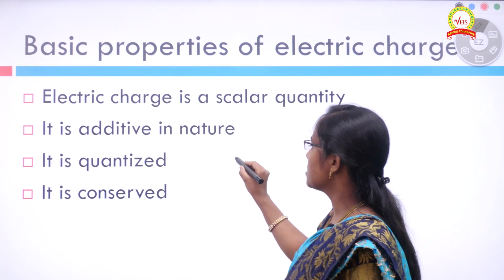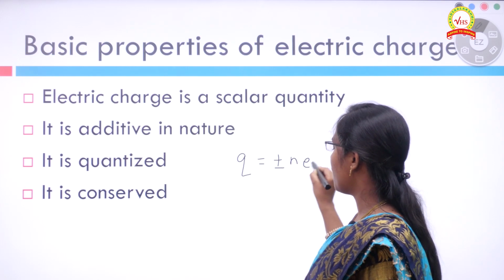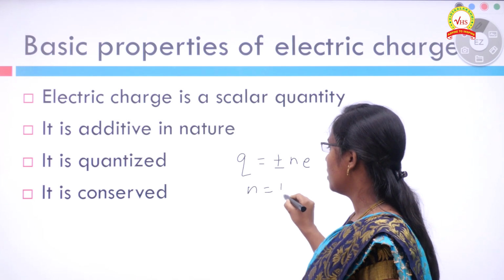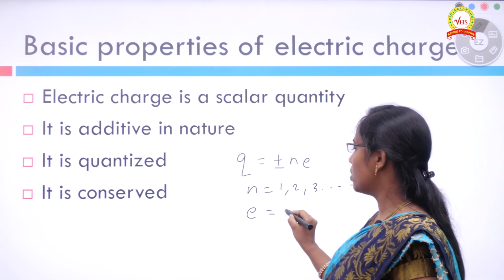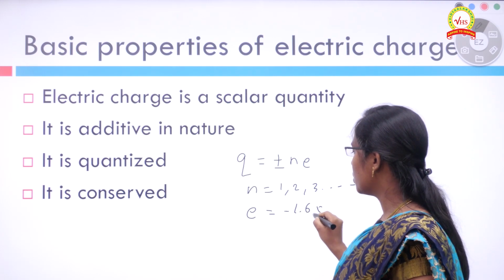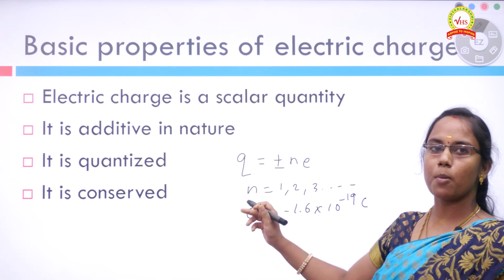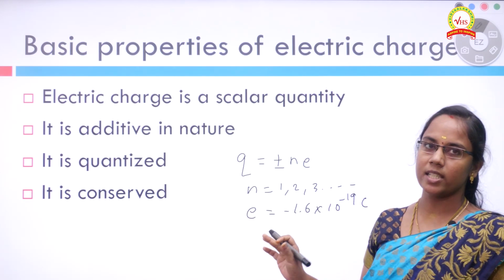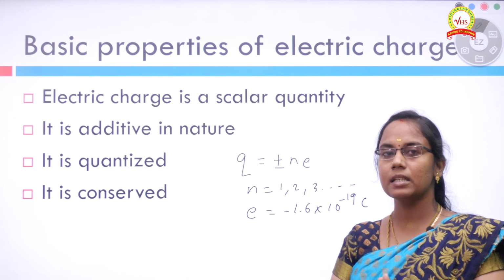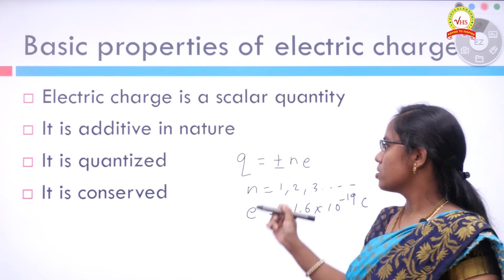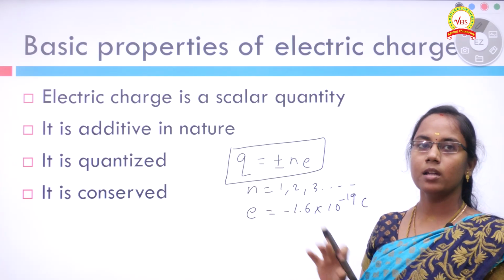It can be written as Q equals plus or minus Ne, where N is the number, which can be 1, 2, 3, anything, and e is the charge, which is equal to 1.6 times 10 power minus 19 coulomb. So, the third property is electric charges are quantized. We cannot have fractions of charges, and we can use this formula to understand that charges are quantized.